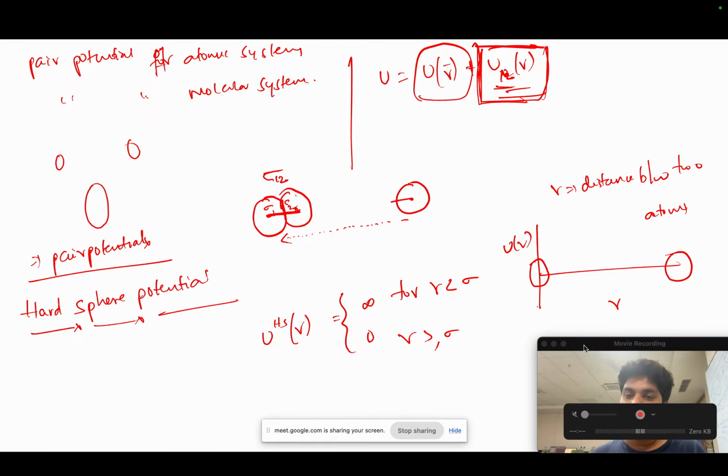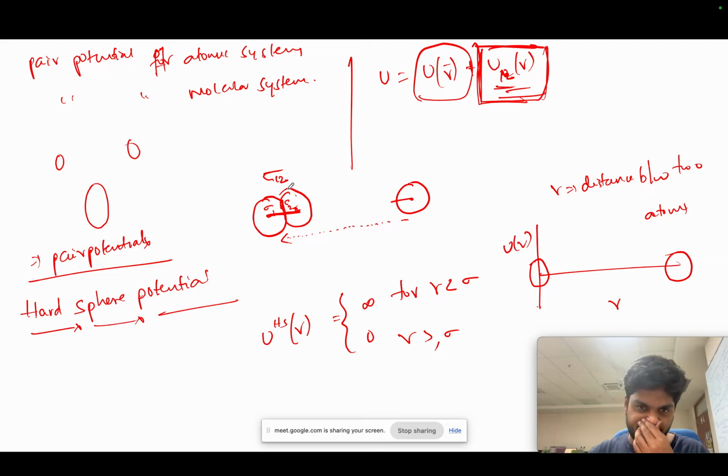So now r is greater than sigma. Sigma is nothing but this one, right? Assume this value is some value. When the two atoms are close, we will get the sigma. So this is the sigma. Now if the atoms are very far, you will get 0. So here the value will be 0.